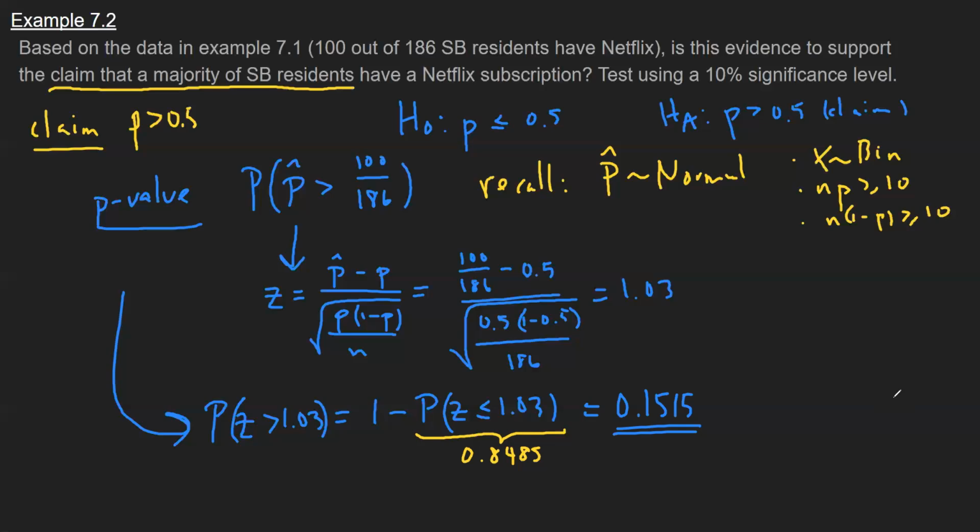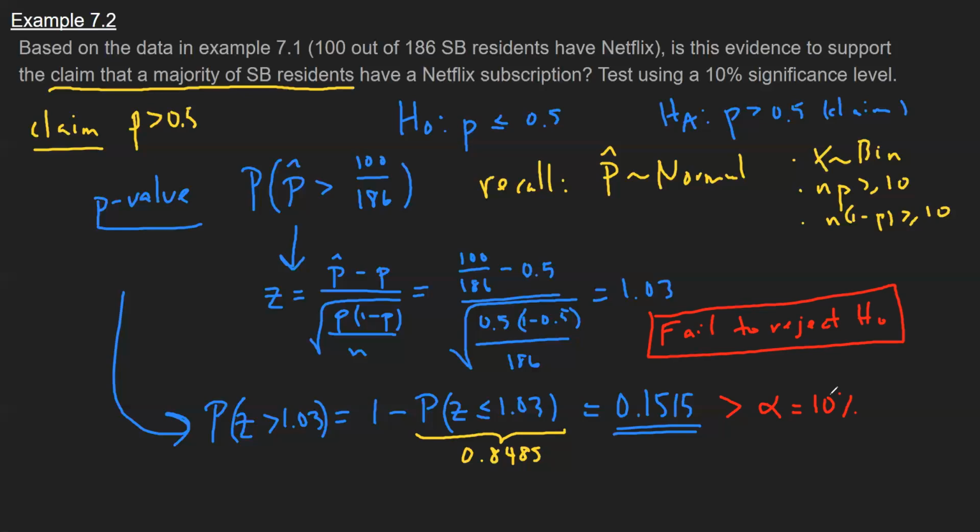So for this problem, since this p-value is larger than alpha, which is our 10% here, that's going to tell us to fail to reject the null. And so ultimately, that will be our decision.